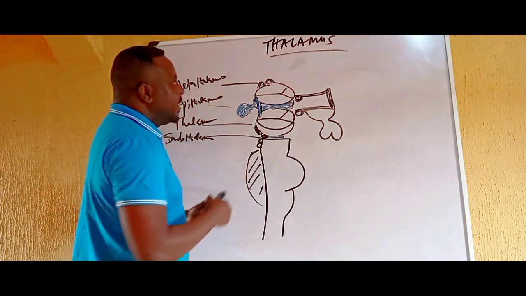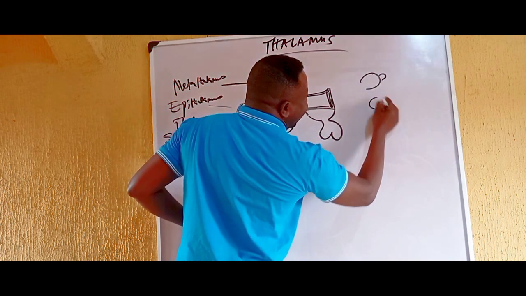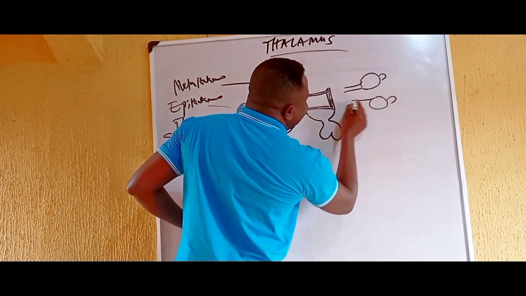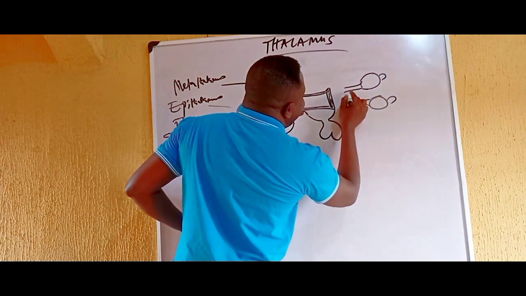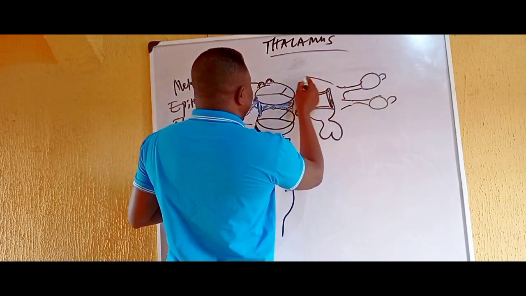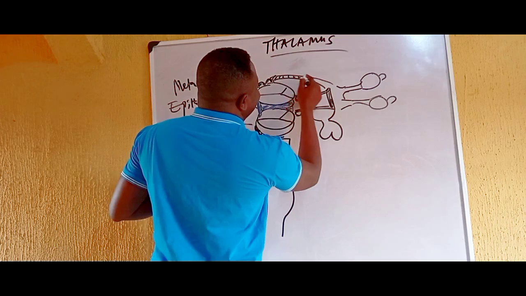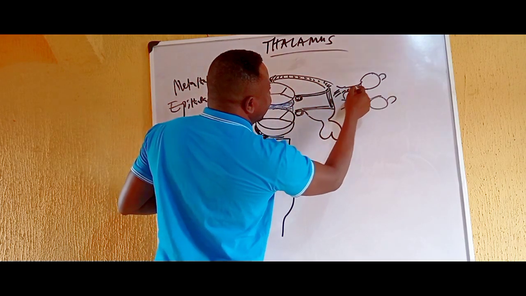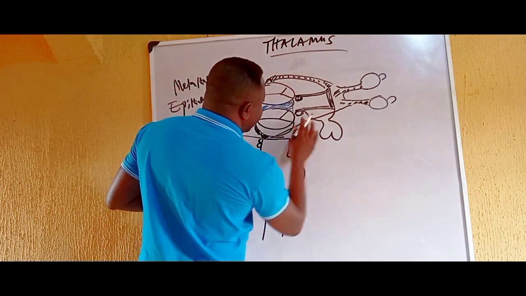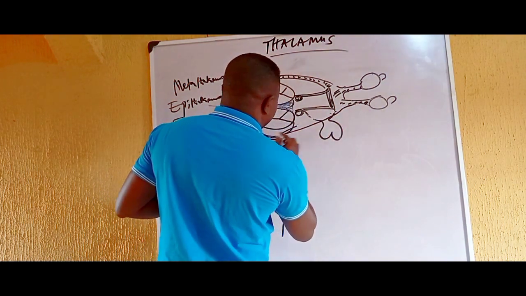Now, there's one structure that is missing, and that structure is actually the optic nerve, the optic chiasma, and then the optic tract. We have the same thing over here.